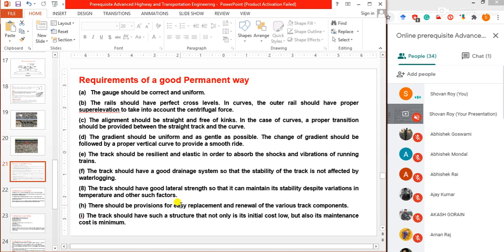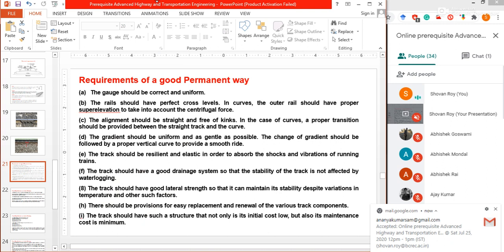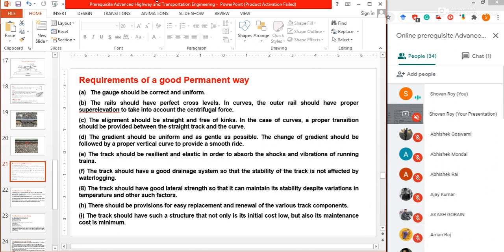The track should have such a structure that not only is its initial cost low, but also its maintenance cost is minimum. In the last two points, there should be provisions for easy replacement and renewal of track components, because the durability of one track is not more than 3 to 4 years. After 3 to 4 years, railway authorities have to change the tracks, so there should be an easy way of renewal and replacement.